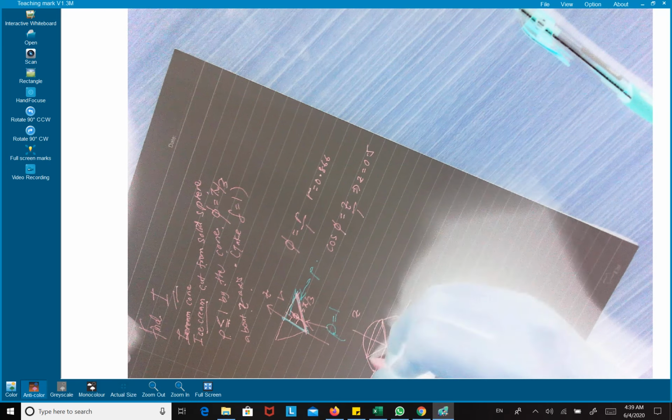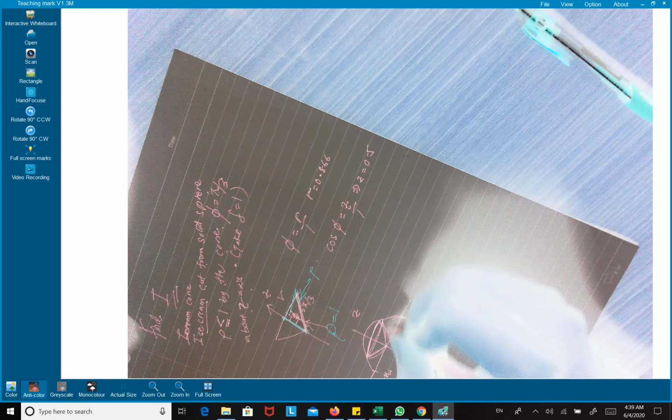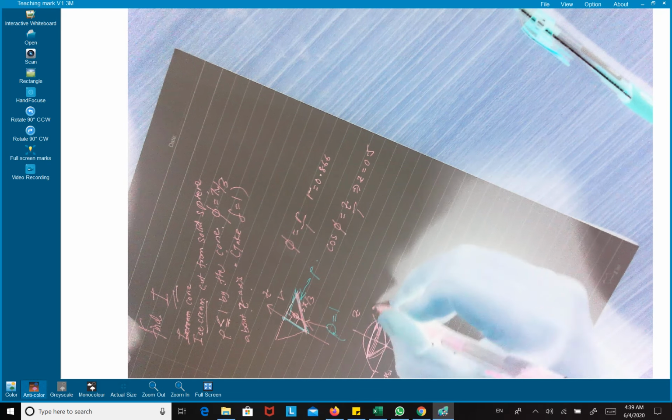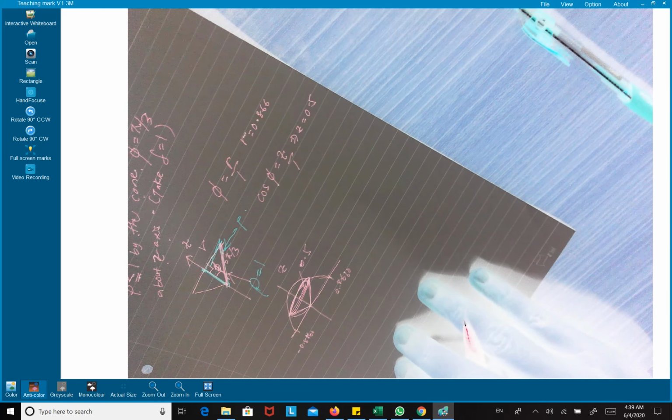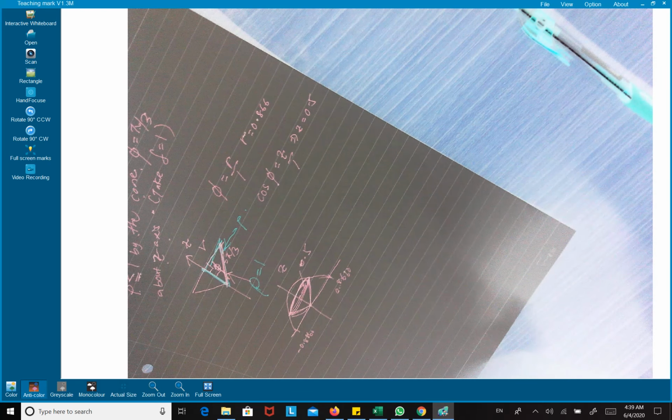You have a cone, and inside you have a circle, and this is 0.5, and phi is pi over 3.